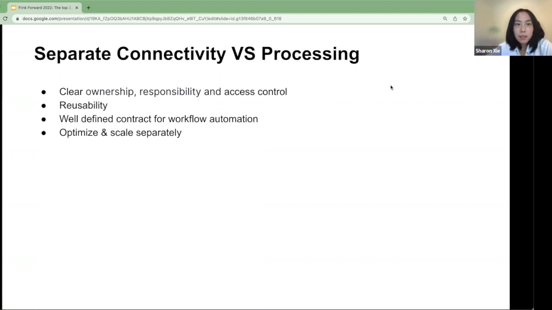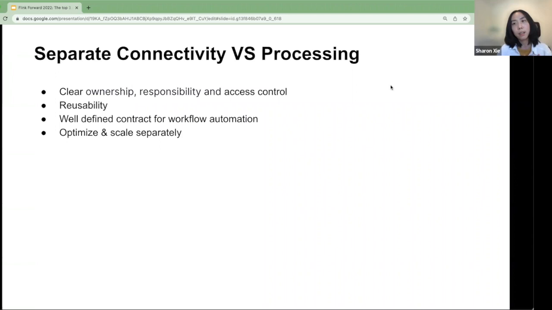Last but not least, like I mentioned in the previous slide, the pipeline jobs and connection jobs have different traits, and that allows us to do different Flink configurations for different optimizations, particularly to their traits. And also we can scale separately for those jobs.